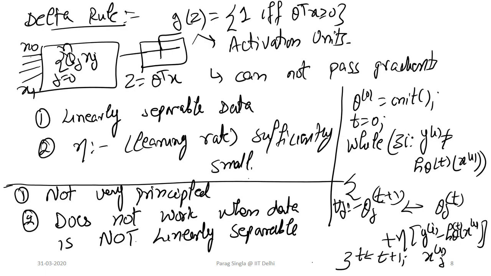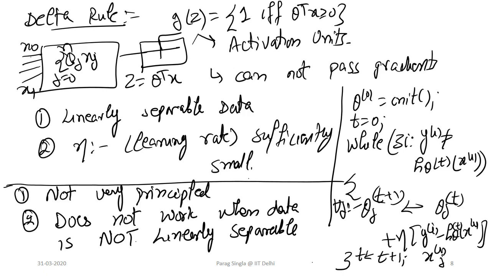Okay, so this is our next slide. This is for historicity and also to understand and motivate the further learning problem. We will show what is referred to as the delta rule.